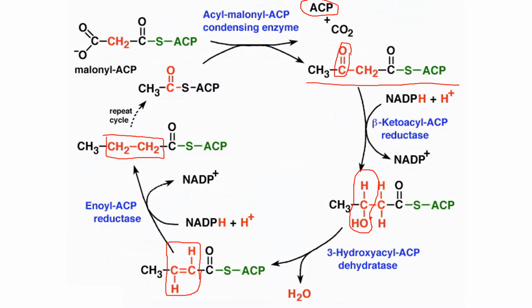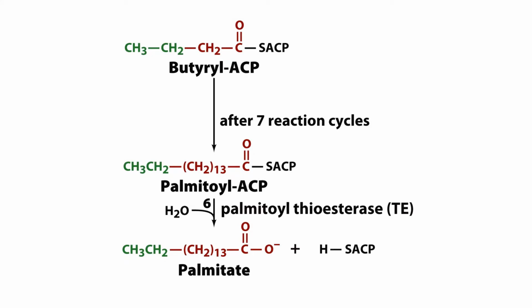Because fatty acid synthesis occurs 2 carbon atoms at a time, most of the naturally occurring fatty acids contain an even number of carbons. So what we're looking at here is the number of cycles and reactions required to produce palmitate or palmitic acid.